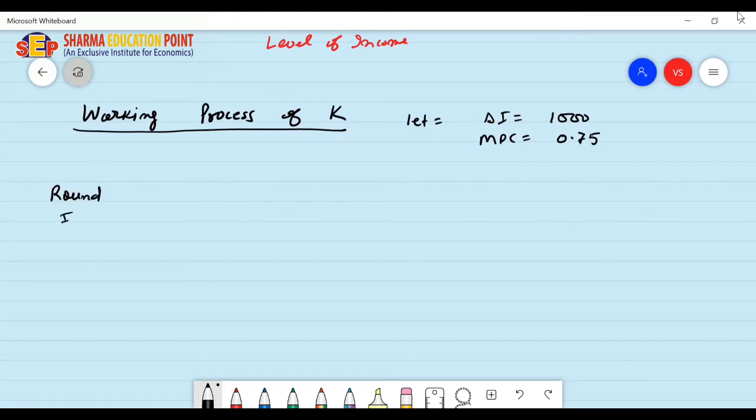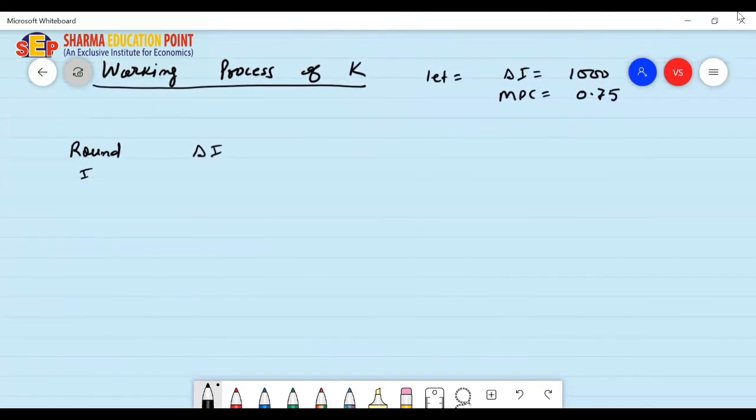Round first, change in I. I'm taking an example on the basis that suppose your investment increases by 1000. Listen carefully. Suppose the first-time investment is 1000 rupees crore.